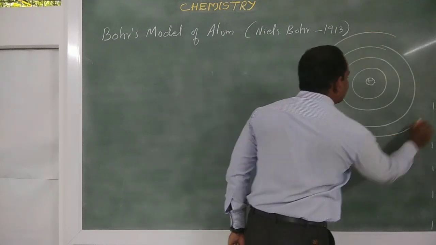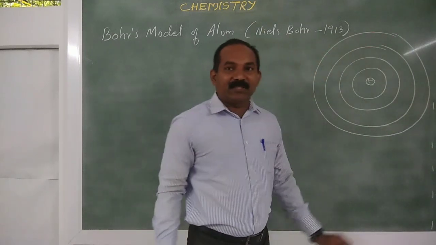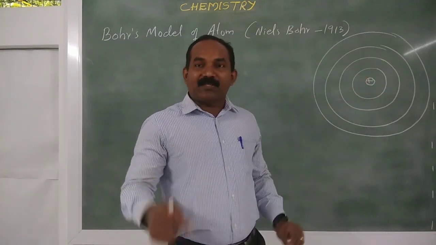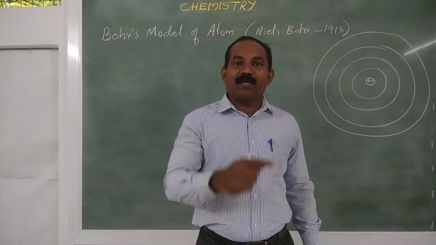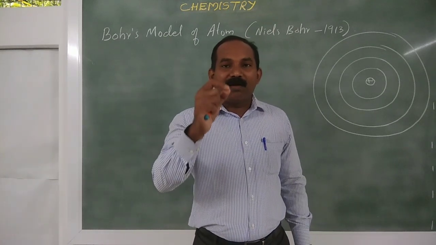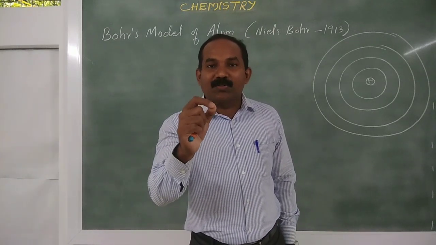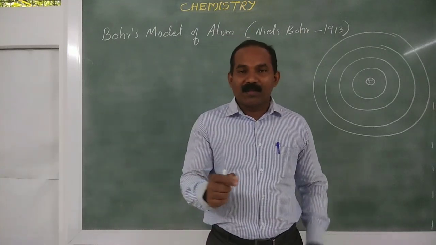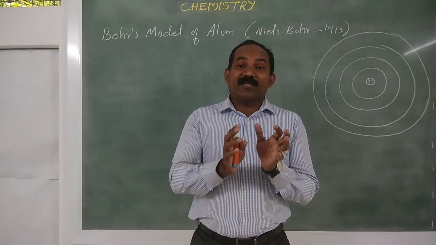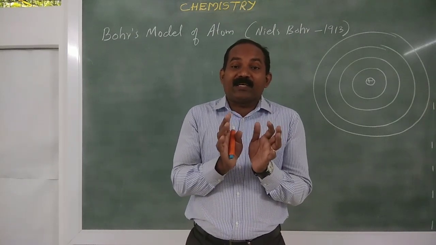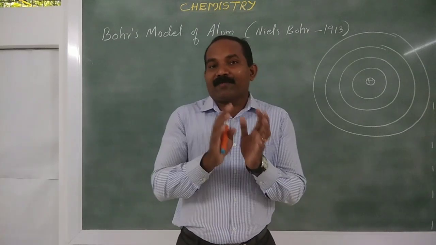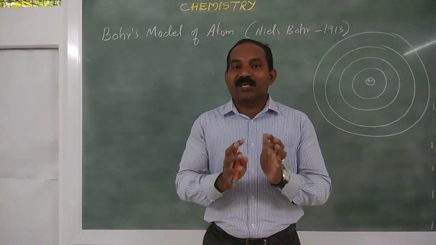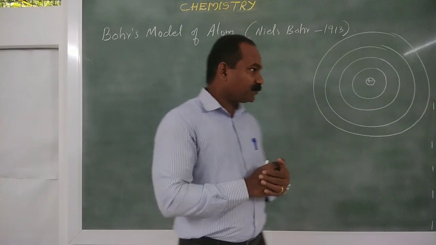The orbits are also called energy levels or energy shells because an electron in an orbit is associated with a definite amount of energy.